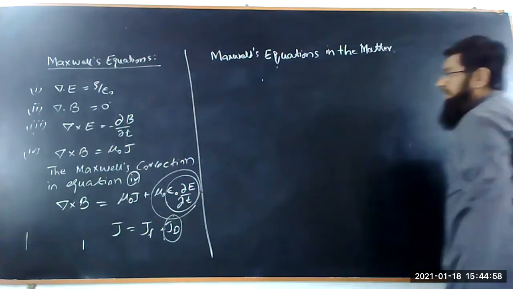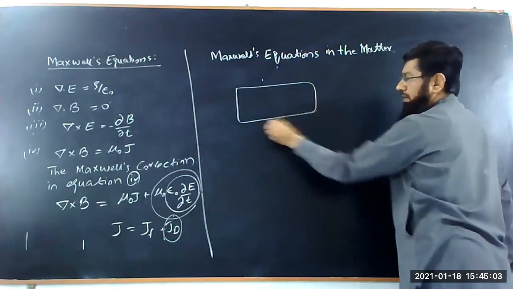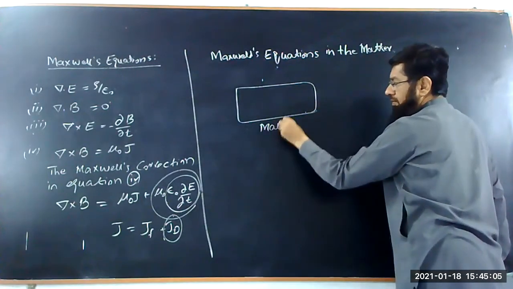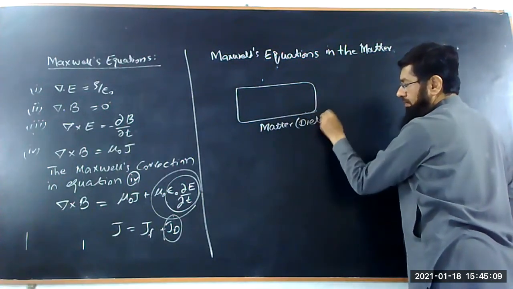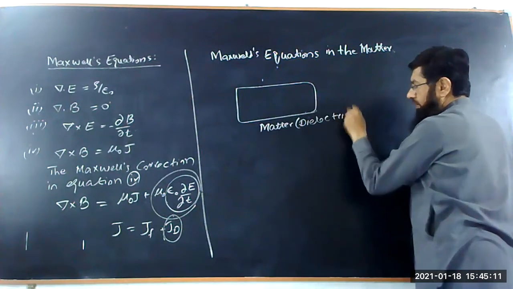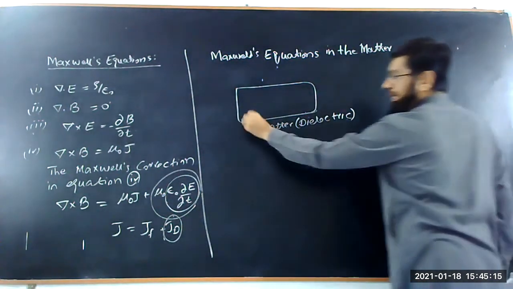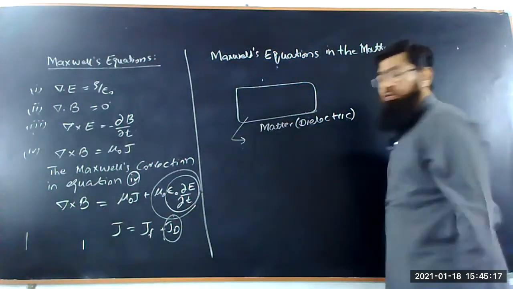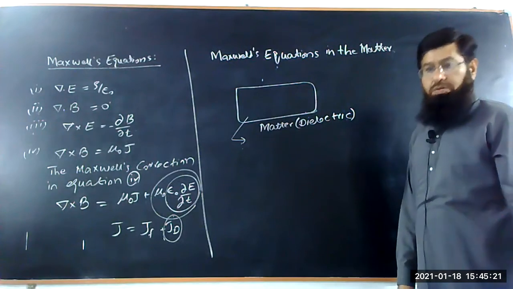Now if we say that this is any matter, this may be a dielectric matter or insulator matter. So here in this dielectric matter, we have two types of charges, surface bound charges and volume bound charges.